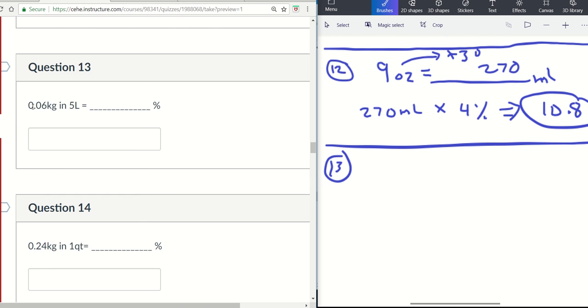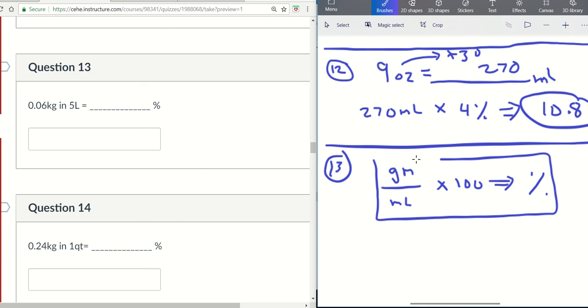13. How many grams do we have in 13? When you go 6 times 1,000, will be 60. All right, so we're finding percentage now. So you need to make your fraction. Your units need to be in grams over mLs times 100 to get 2%.